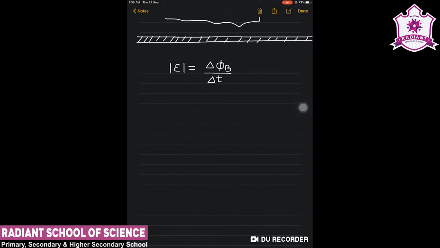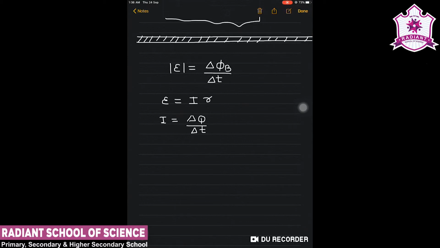Now as per Ohm's law, we also know that E is represented by I into R, and further from chapter number 3 we also know that I is represented by delta Q upon delta T.